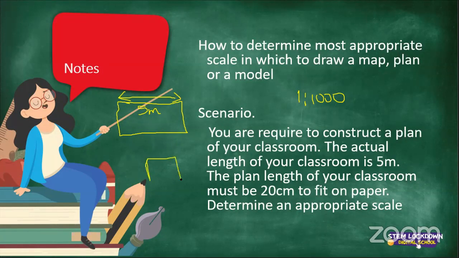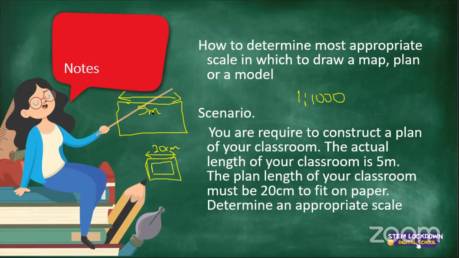Obviously, your paper is much smaller than the classroom, right? The length of the class that I have to draw, I'm told it must be 20 centimeters. So in other words, 20 centimeters on paper will represent 5 meters in real life. So that's what they're looking for.